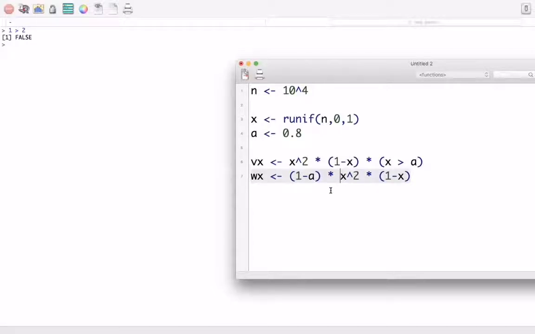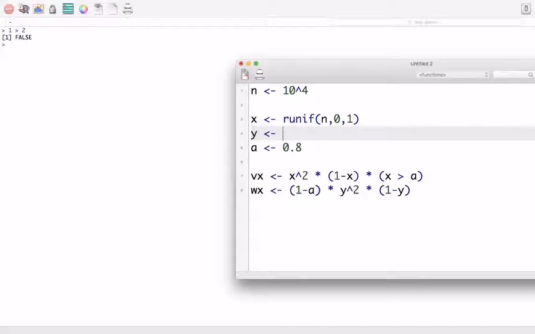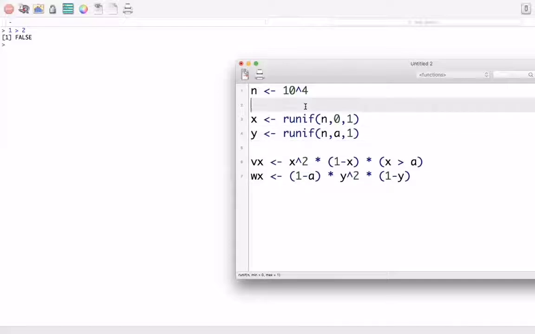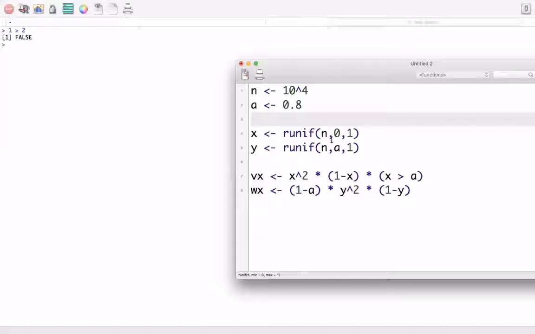Sometimes you may actually forget the constant. And this one should be y, where your y is uniform a to 1. So you should put the A first before that.